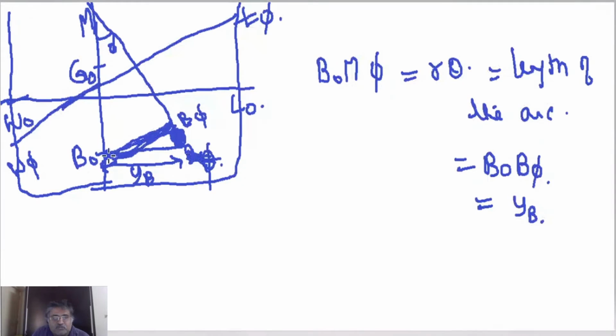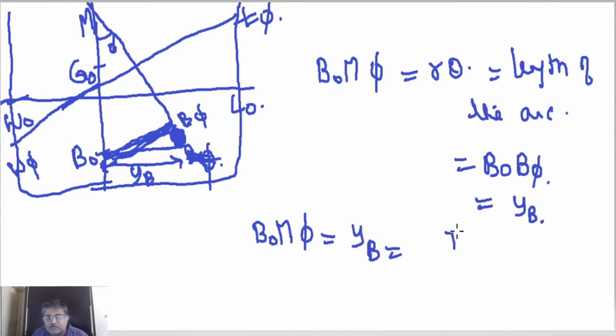Therefore the transverse distance through which B0 has shifted, the horizontal distance, this is YB. We are saying it is equal to B0 B phi, the length of this arc. So therefore we get B0M phi equal to YB, and from the previous expression we got YB as I by del tan phi.